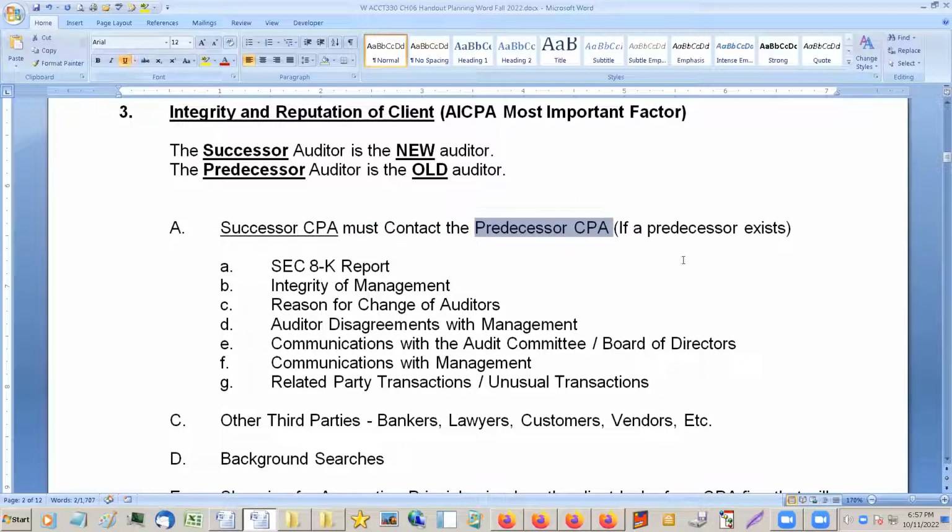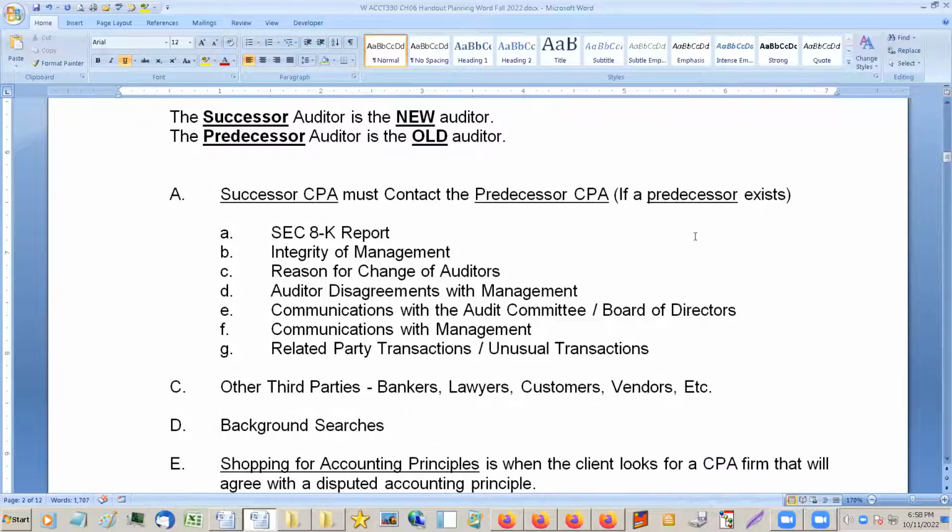If the predecessor exists. If it's their first audit, they won't have a predecessor, or something unfortunate happened, like the predecessor died or left the country, or whatever, so they may not exist.